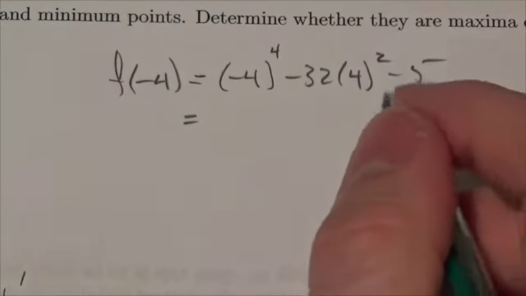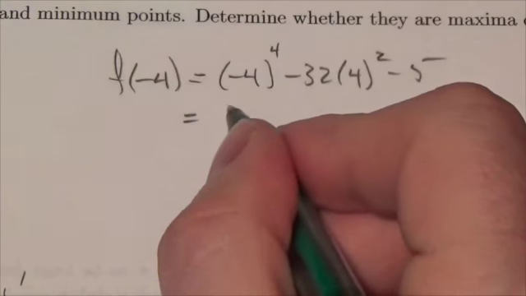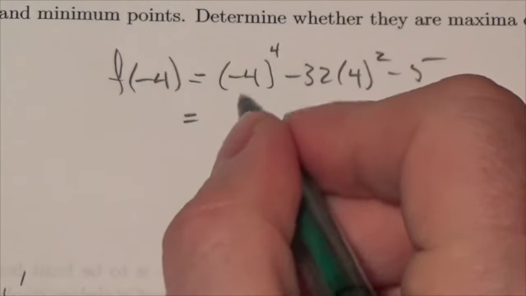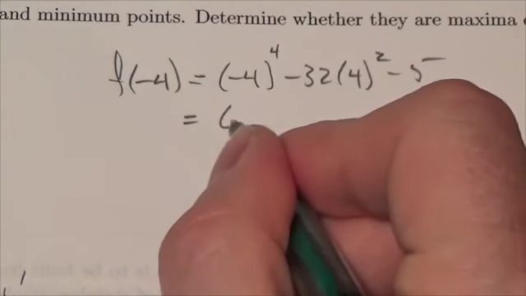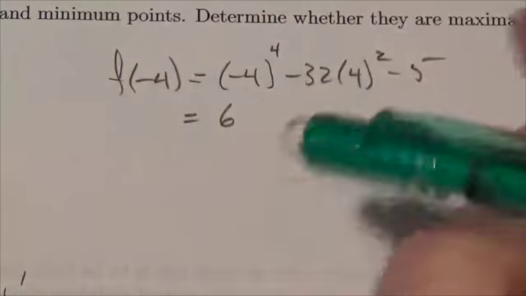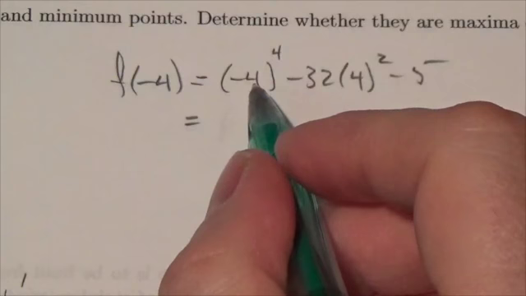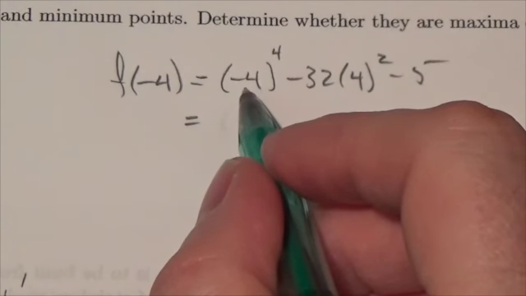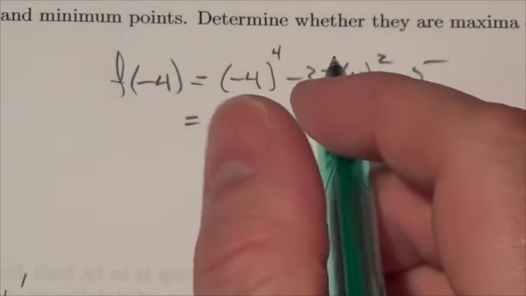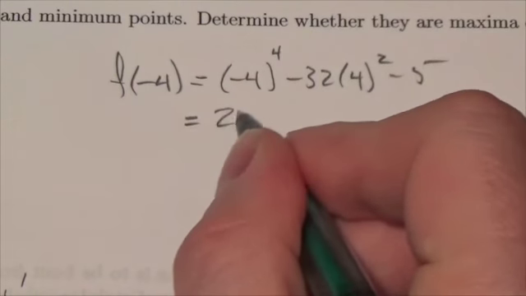I'm beginning to wish I had my calculator at this point. So anyway, this is going to be negative 4 to the 4th, which is the same as 2 squared, so 2 to the 8th. 2 to the 8th is going to be 256.